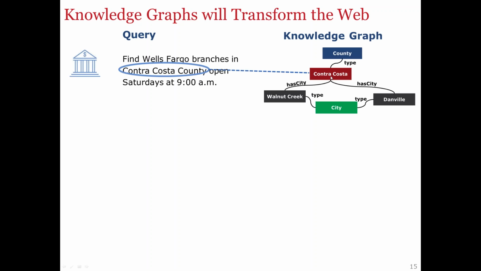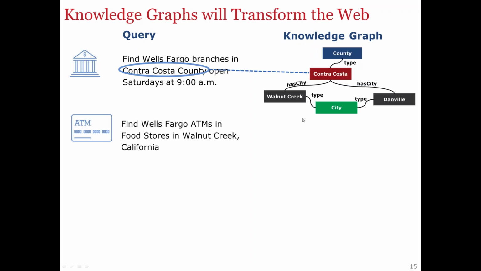It's not just a string, but it's a piece of meaningful information that's linked to cities like Walnut Creek or Danville, that are cities in Contra Costa out in the Bay Area where I live.